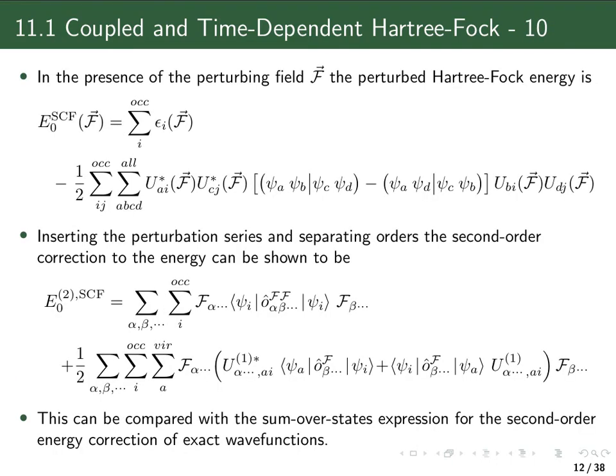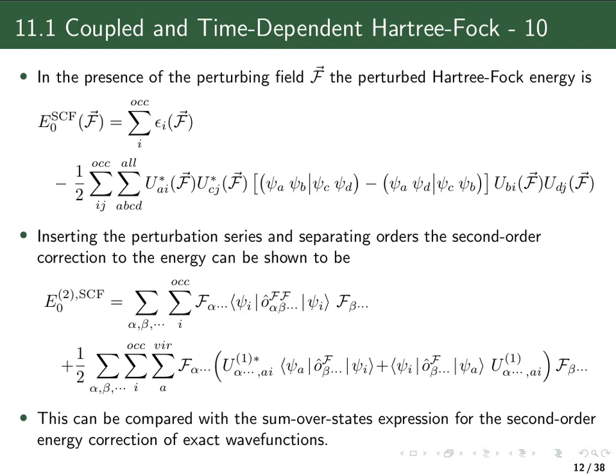So here's the Hartree-Fock energy, but the perturbed Hartree-Fock energy, so in the presence of a perturbing field, written up with the orbital energies and the correction which removes the double counting of the electron-electron interaction.